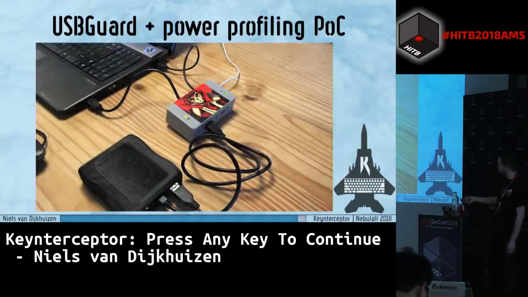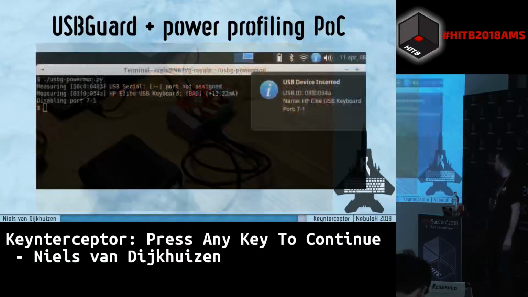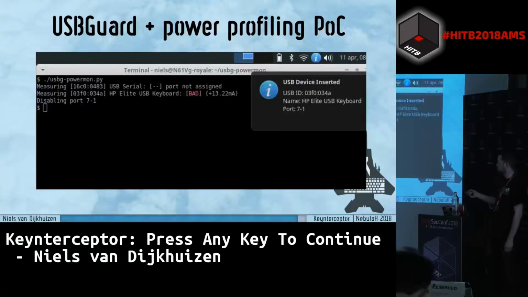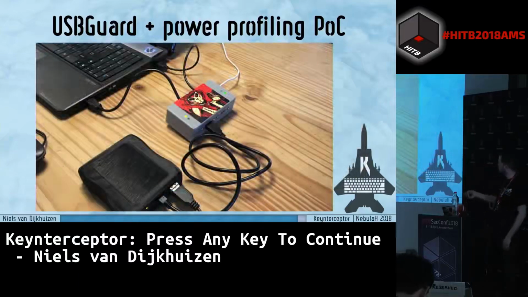And if I introduce the Keynterceptor in between the keyboard and that port, it will be bad because we use more than 13 milliamps more than we would expect. So then the machine got blocked, and that's shown with the amber-colored LED.